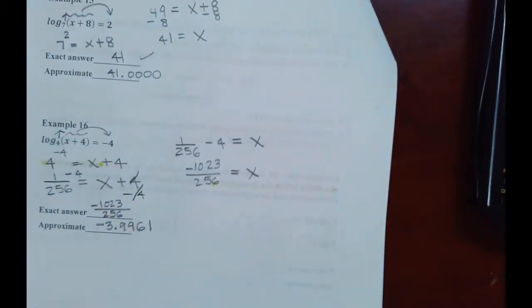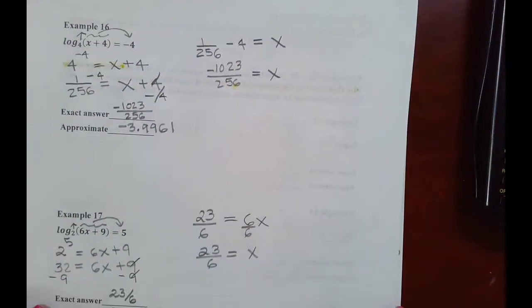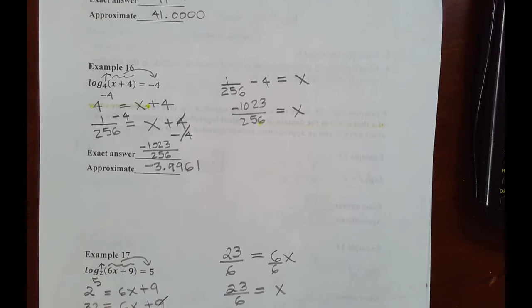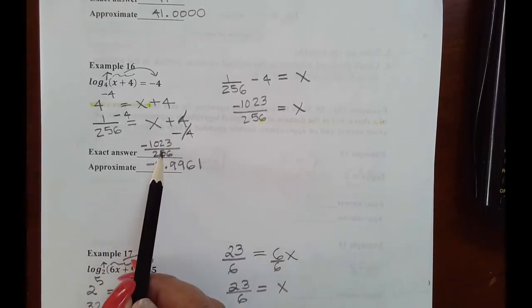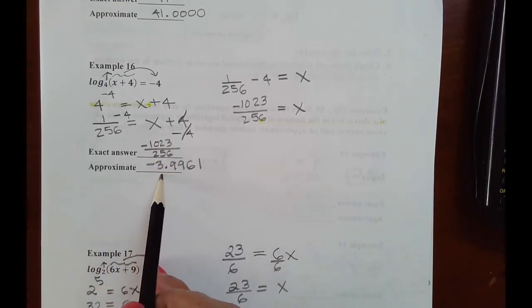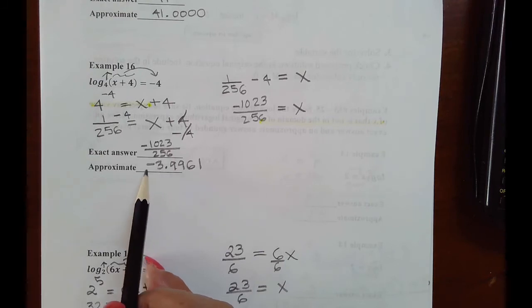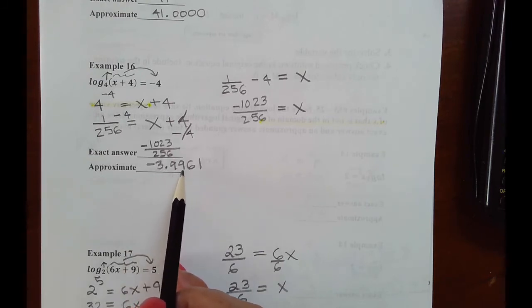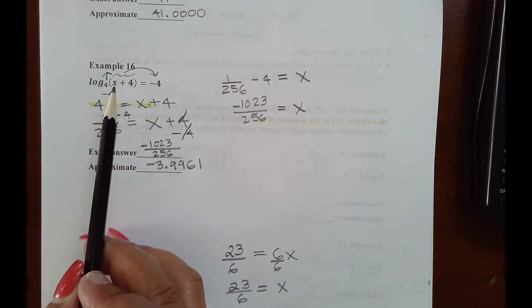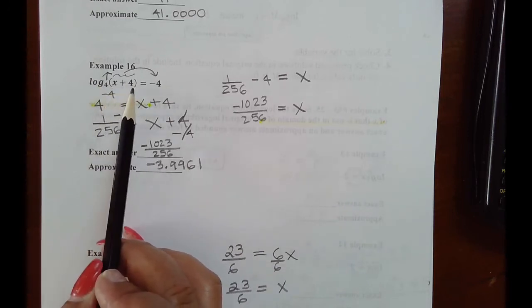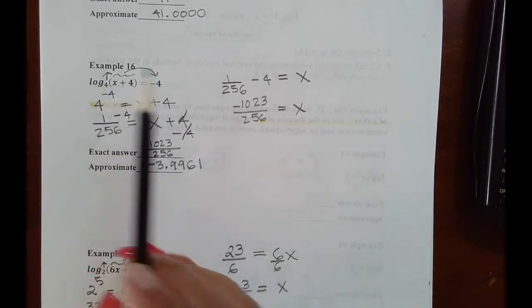So when we're looking at checking number 16, let's see, yeah, 16 is what we were checking. Look at the value that we got right here, negative 3.9961. When you plug that in and then add 4, you end up with a positive argument.